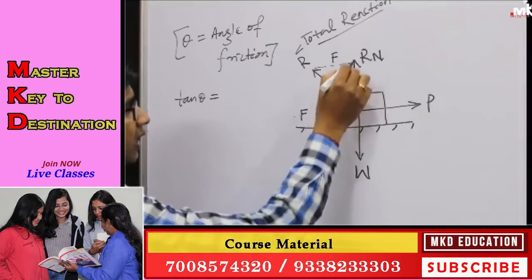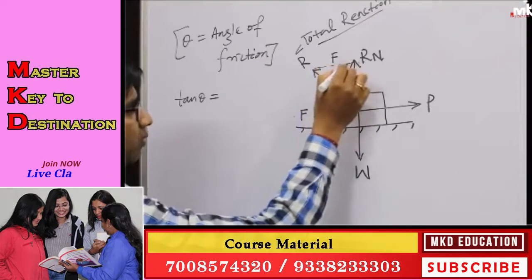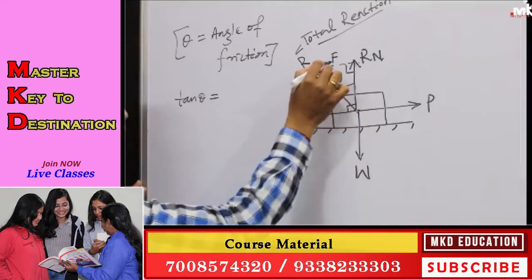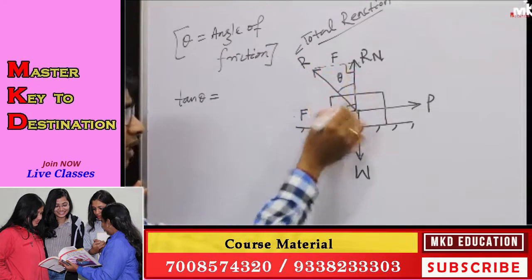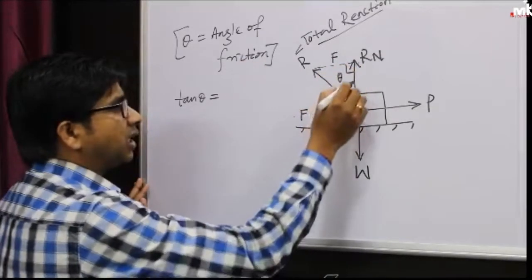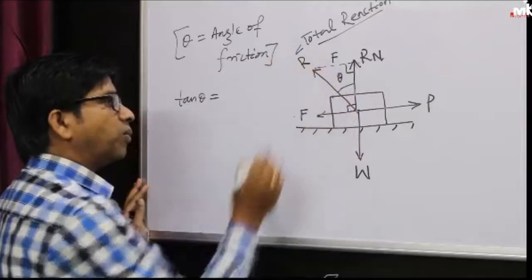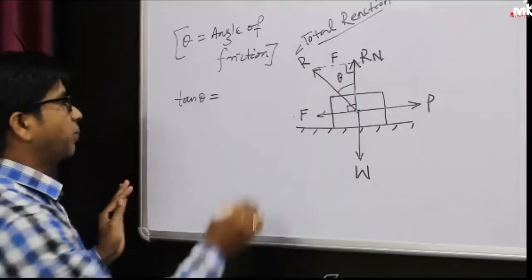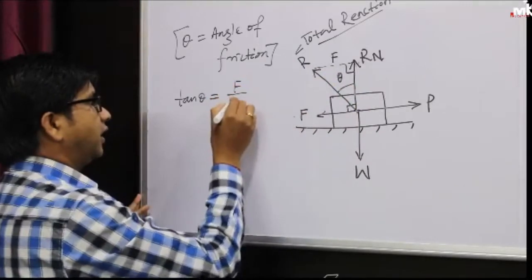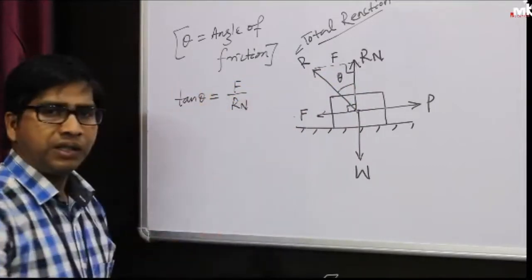For this angle, this will be the base and this will be the perpendicular. As you know, this is 90 degrees. The two sides at 90 degrees are the base and the perpendicular; the side opposite the angle is the perpendicular. So P by B means F by Rn. Tan theta equals F by Rn.